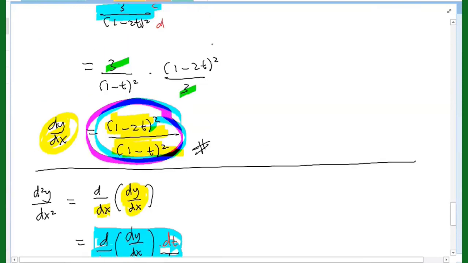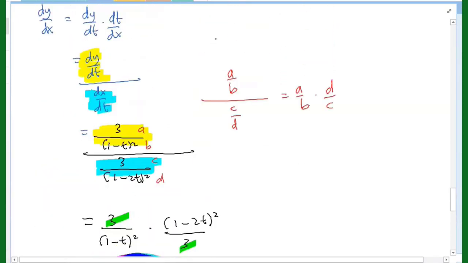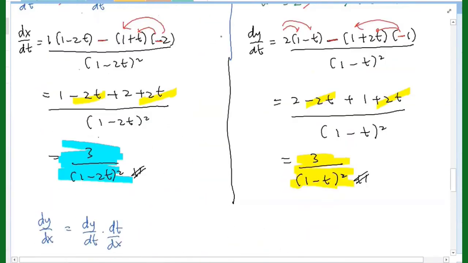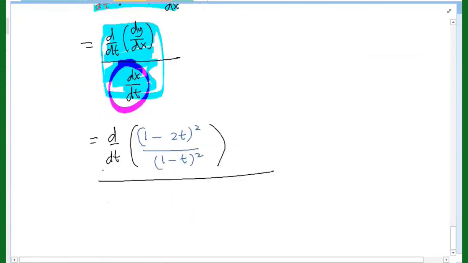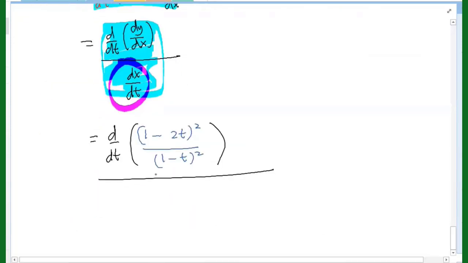Where is dx dt? This one is dx dt, 3 over 1 minus 2t. Okay, so 3 over 1 minus 2t squared.